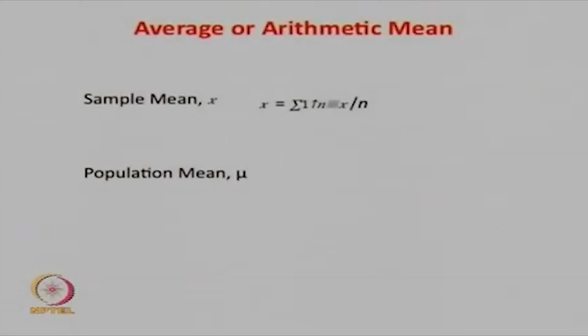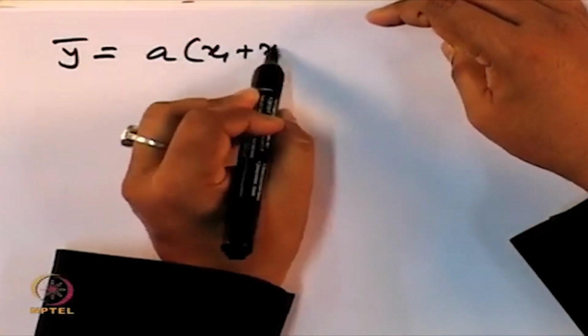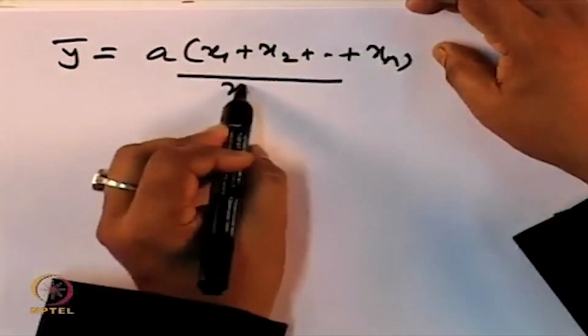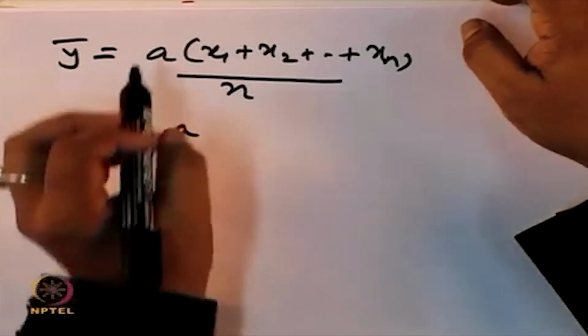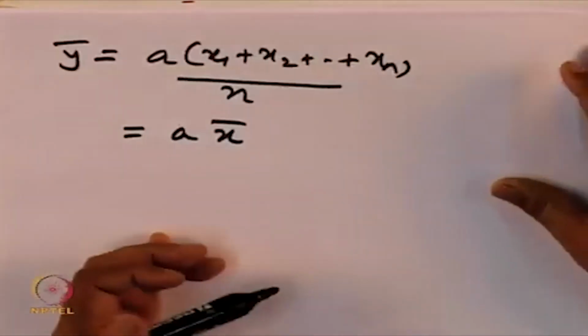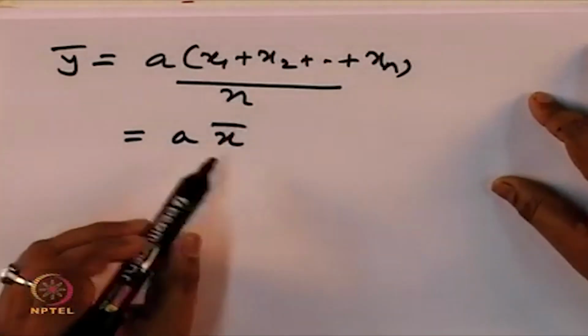Okay. So, let me write it in a new page, my y bar is nothing but a times x1 plus x2 up to xn by n, which is nothing but x bar, right. So, x1 plus x2 up to xn by n is x bar. So, y bar is nothing but a x bar.